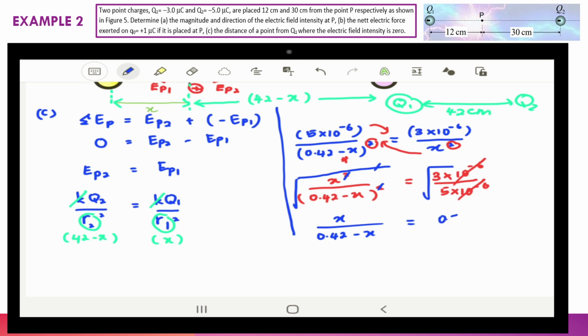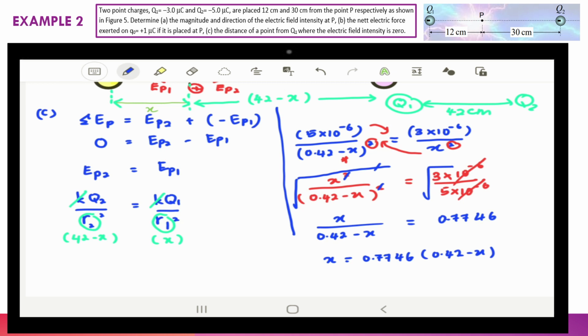It's equal to 0.7746. Make sure you check. Okay, so x is equal to 0.7746 times 0.42 minus x. Therefore, you can rearrange this equation.